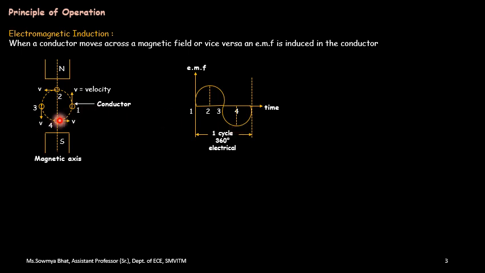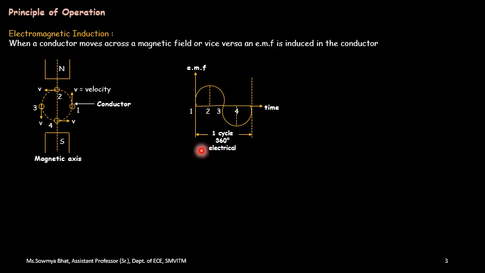In between 4 to 1, again there is some component which is perpendicular and some which is parallel, so it will be declining in the reverse direction once again. That we call one full cycle or 360-degree electrical angle.